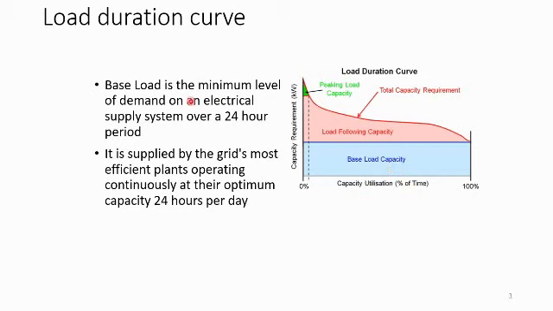Base load is the minimum level of demand on an electrical supply system over a 24-hour period, and it is supplied by the grid's most efficient plants operating continuously at optimum capacity 24 hours per day. The total capacity requirement is represented by the arrowhead here, and peak load capacity is represented here by a green color. This portion is the peak load capacity.